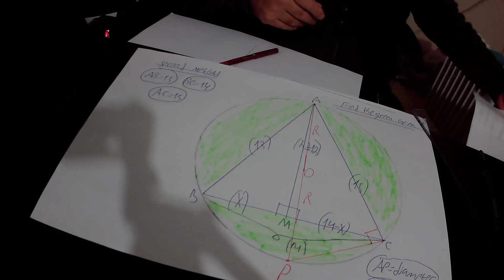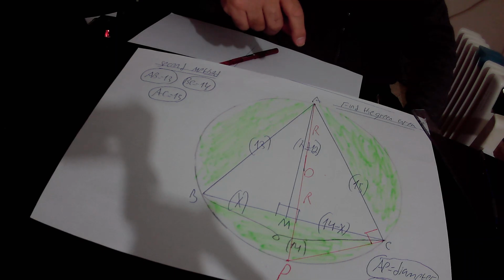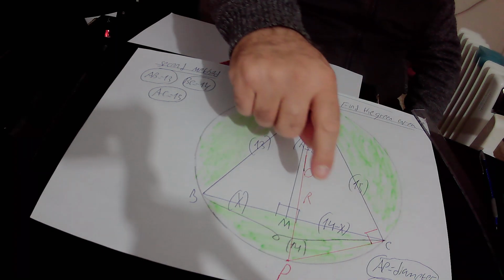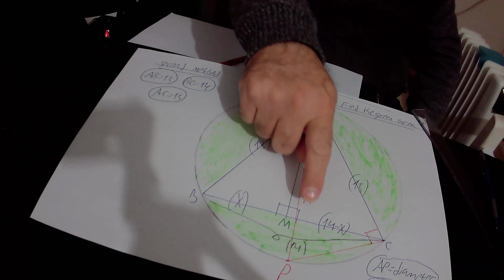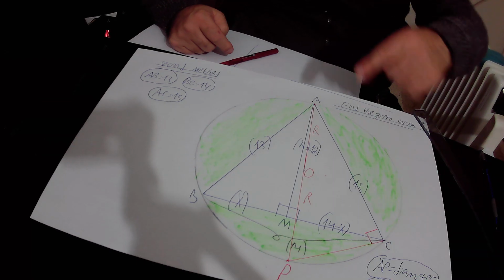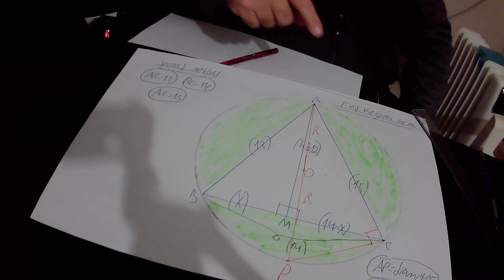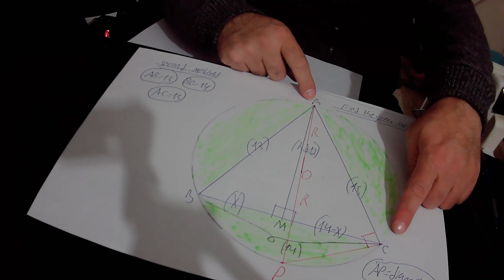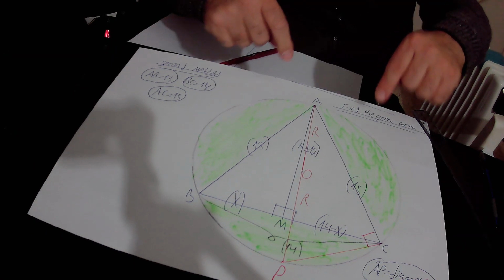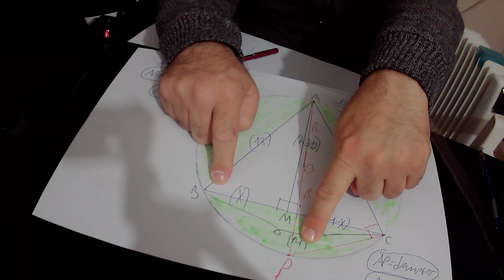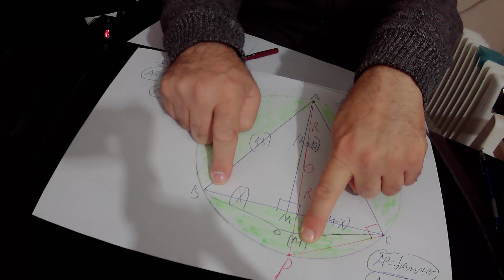Why? Because in our drawing we have peripheral angle APC. This peripheral angle APC rests on chord AC. And we also have another peripheral angle ABC. This peripheral angle ABC rests on the same chord AC. So those two peripheral angles that rest on the same chord must be equal to each other.